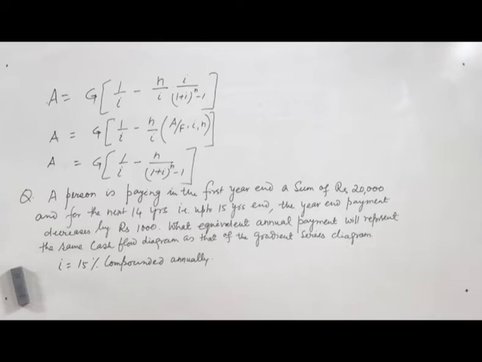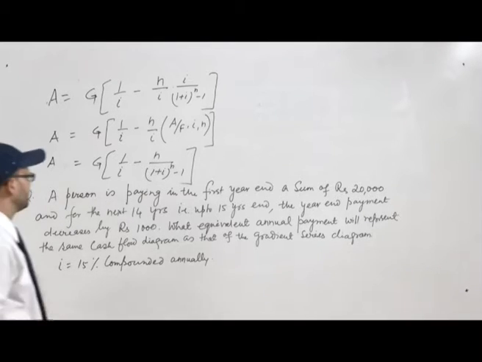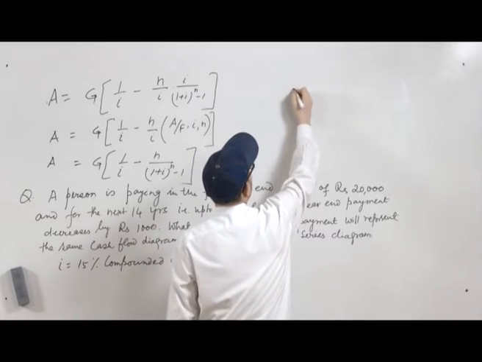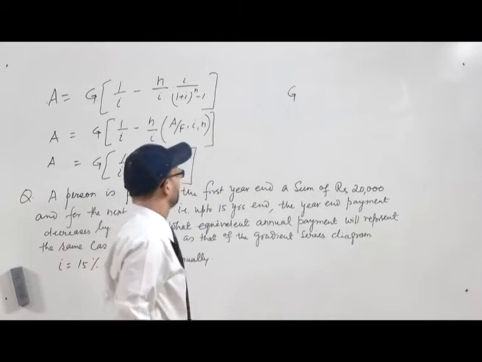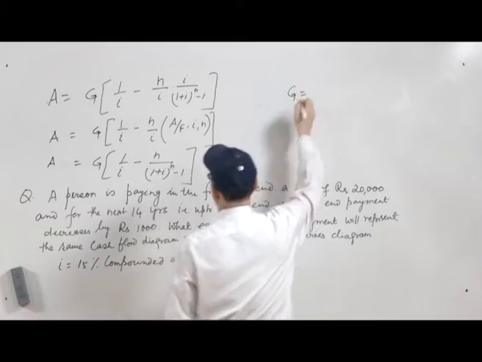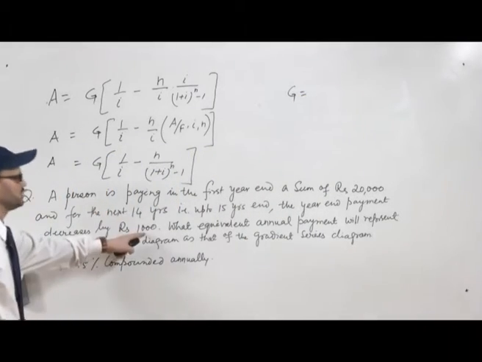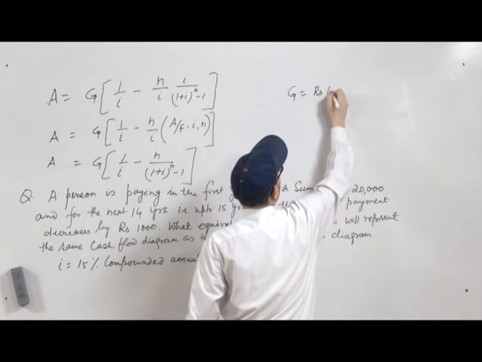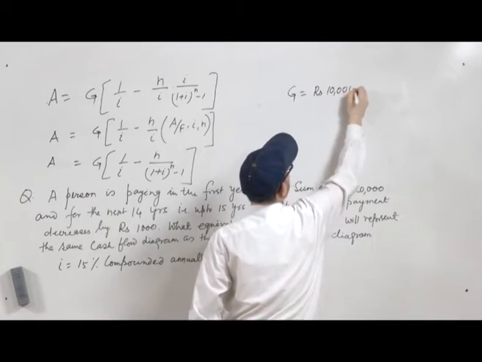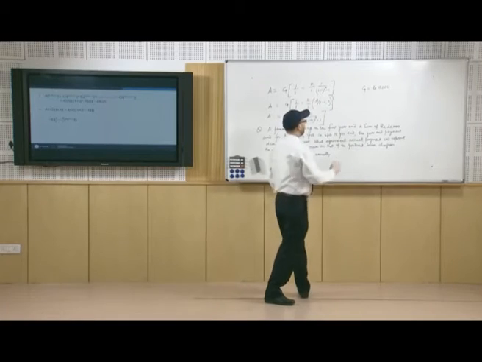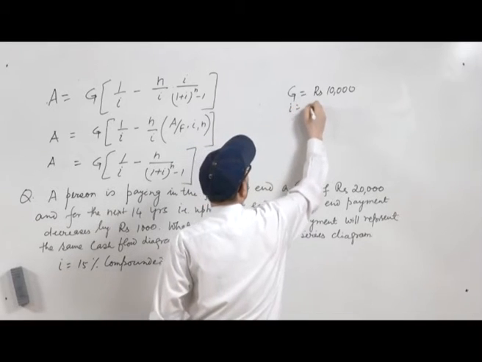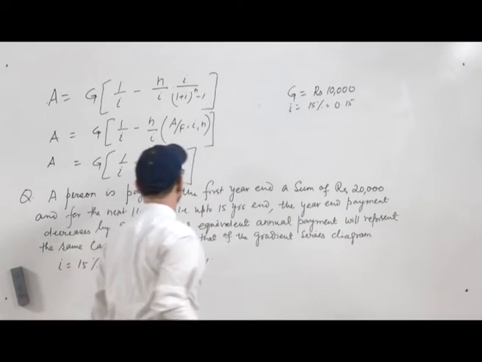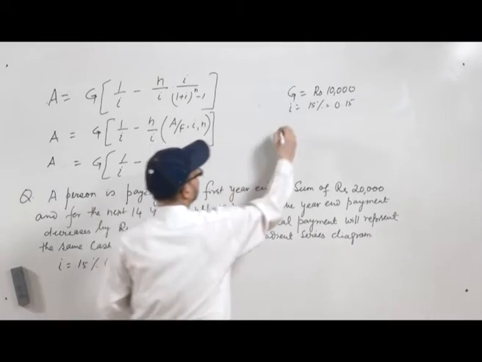So, if your problem is like this, it means you are given G as rupees 1000, I you know as 15%, N is 15.